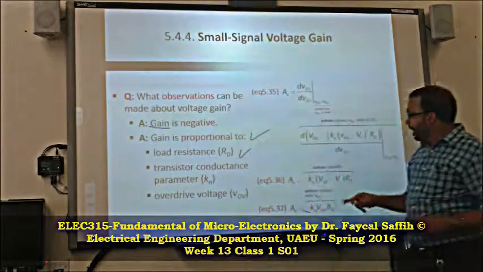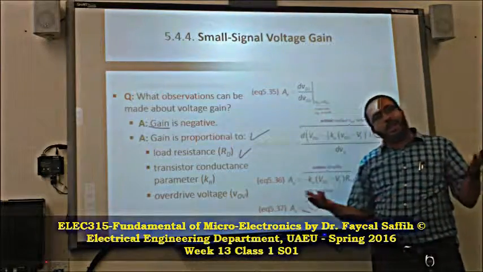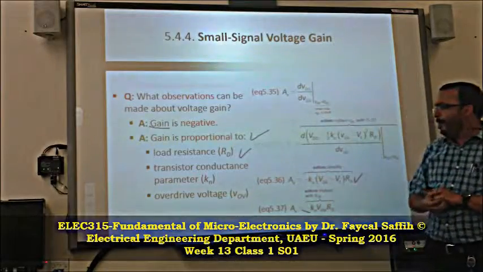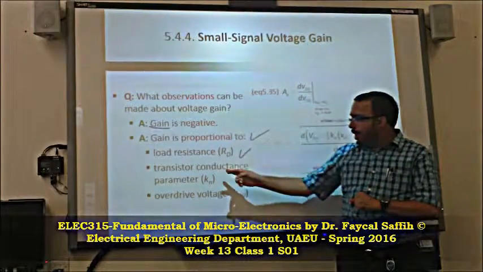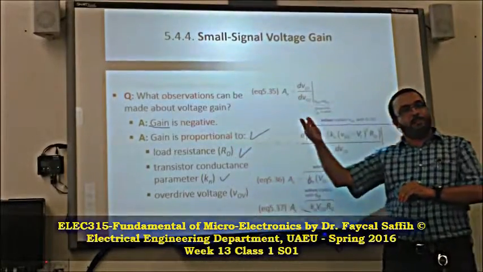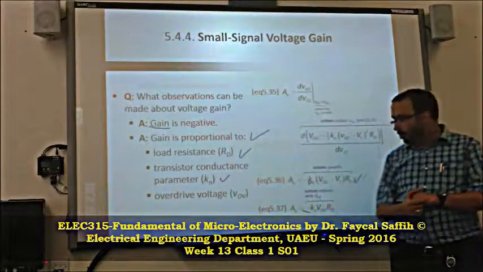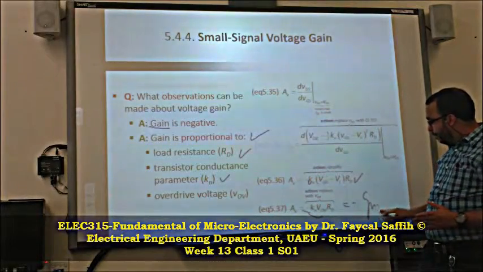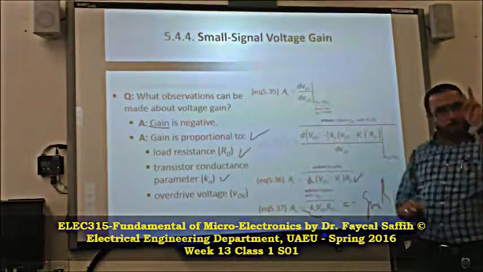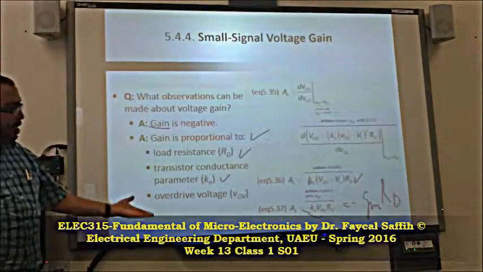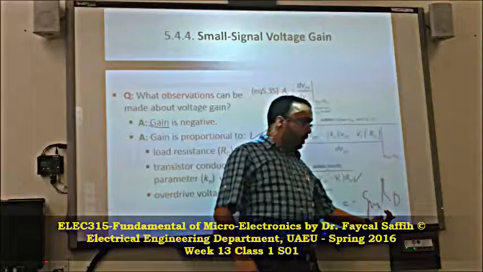The load resistance is in the gain, so if you want to increase the gain, increase the load resistance. The conductance parameter is also present, Kn, which is Kn prime W over L. We can write it like that, or we can write it as minus Gm Rd. Two terms. And you can see that the unit of this is what?